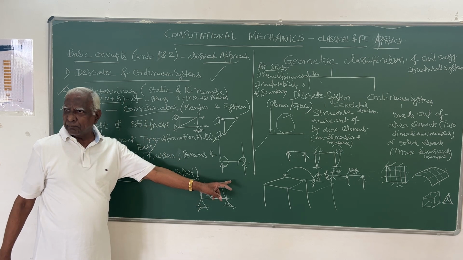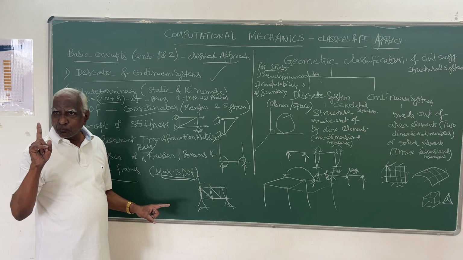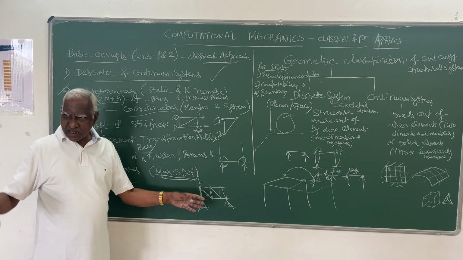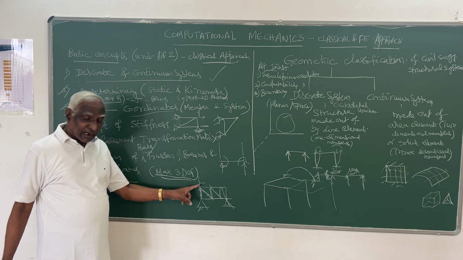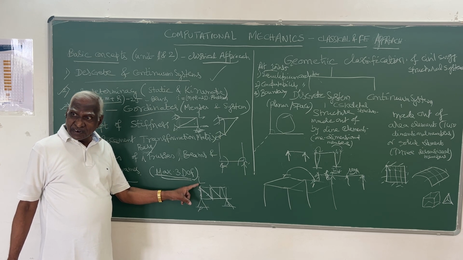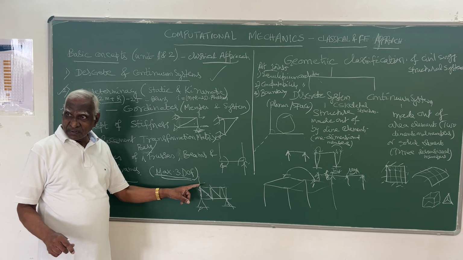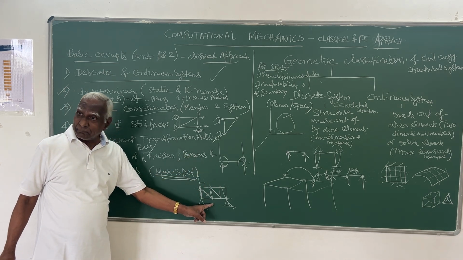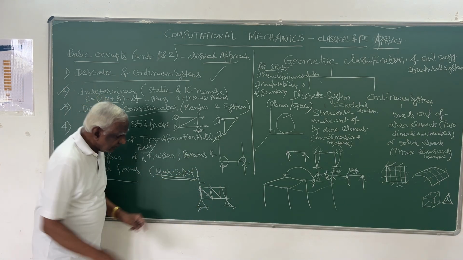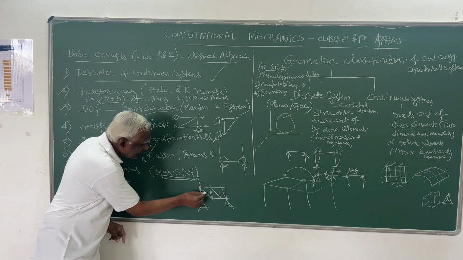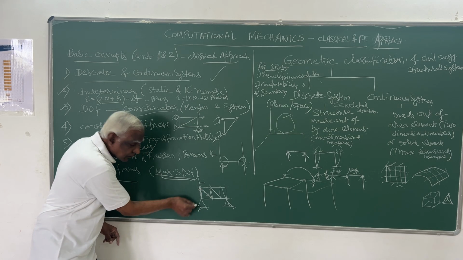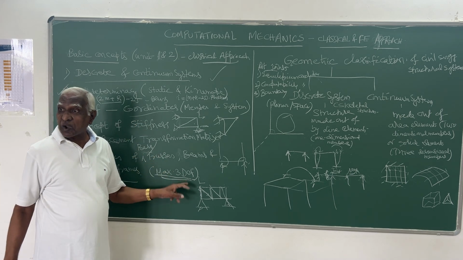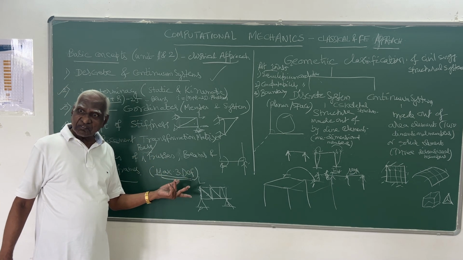In each member it is only one axial force, like a bar. But at each joint, degrees of freedom, movement, it is 2 because horizontal and vertical. Because the inclined member will give axial deformation like that, so we always resolve them into 2 orthogonal directions. It will give 2 components. That is degrees of freedom.